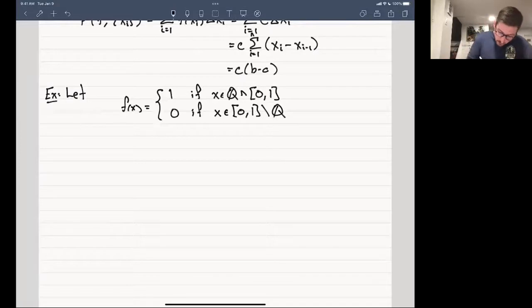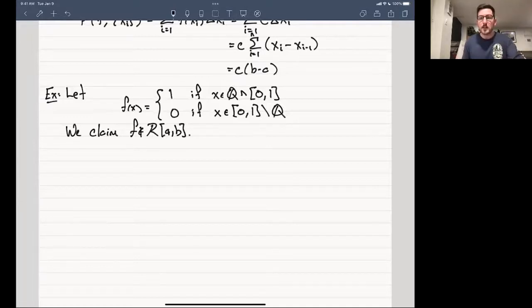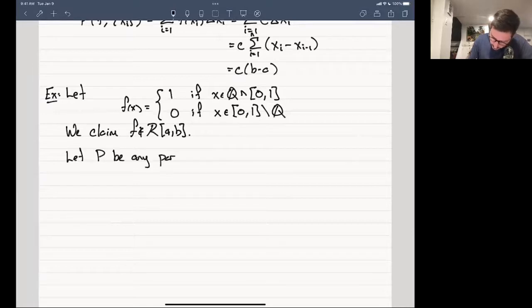So we claim that f is not Riemann integrable. This thing does not have a Riemann integral. So how do we see this? Well, let P be any partition. Doesn't matter how big or small this mesh is.